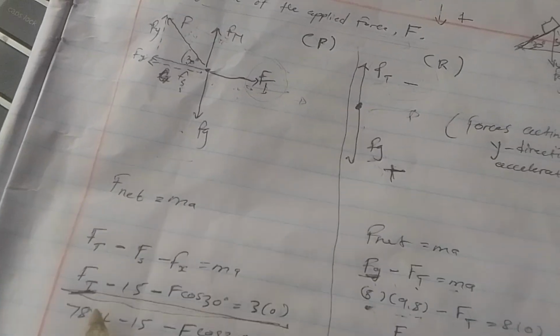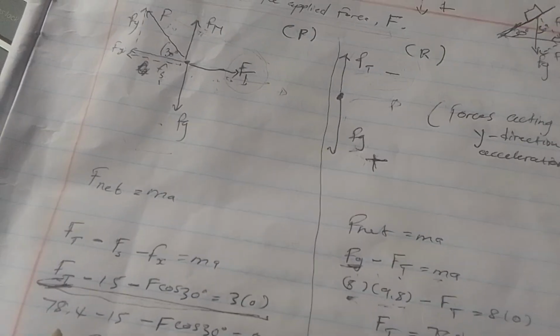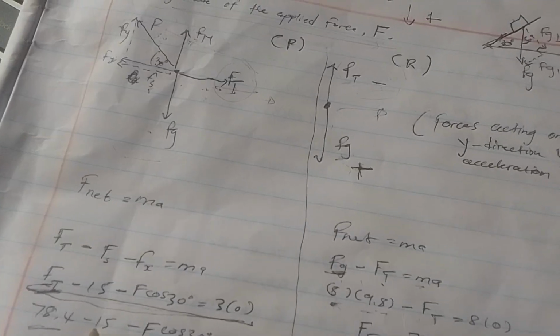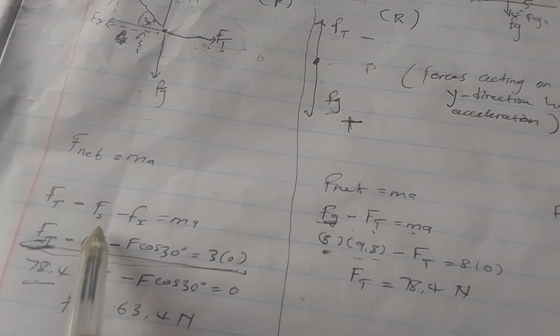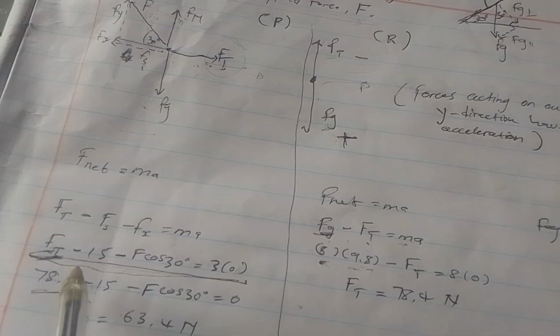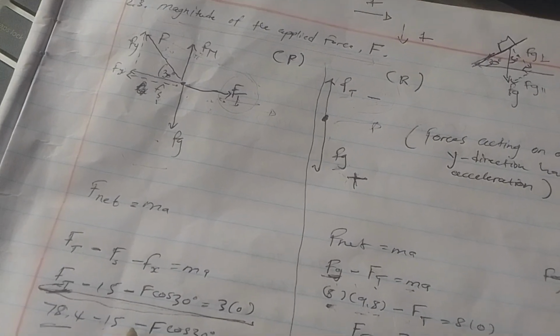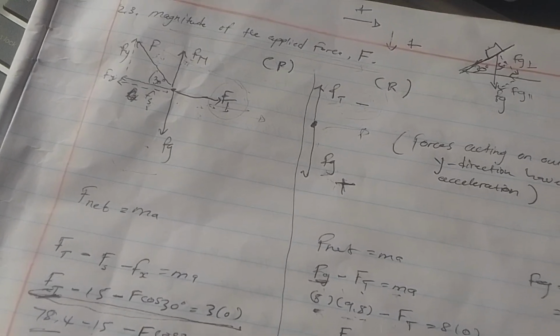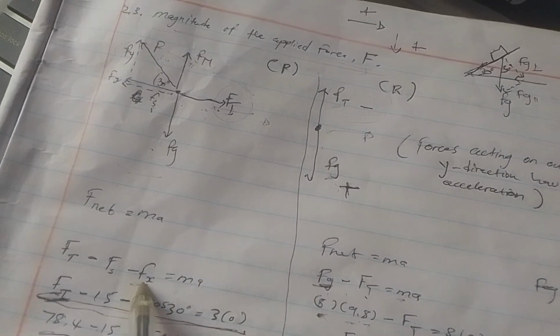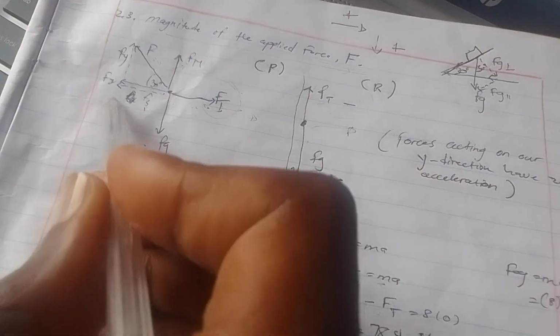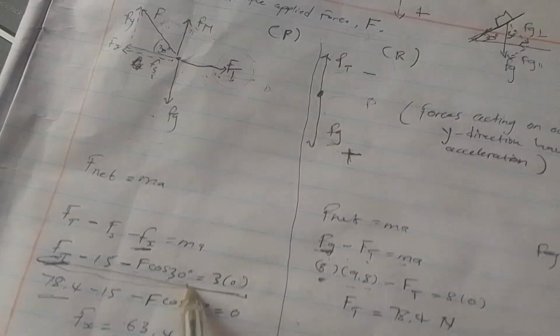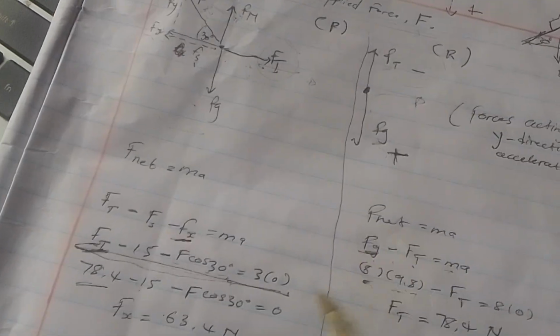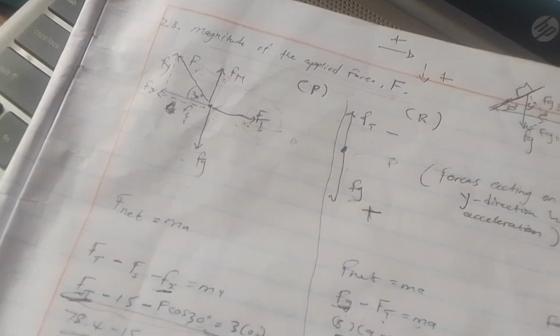So now I have my tension 78.4 minus 15, which is our static frictional force. It is negative because it is opposing the motion, minus F cos θ, the x component of F. Don't forget these trigonometric ratios, guys. It is equal to the mass of block P multiplied by acceleration.